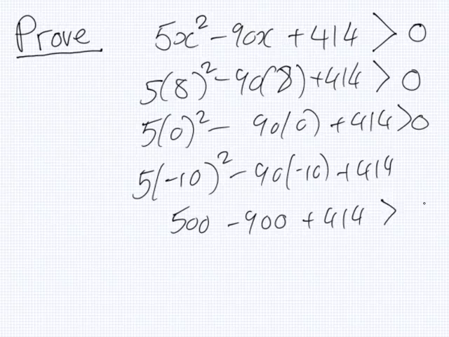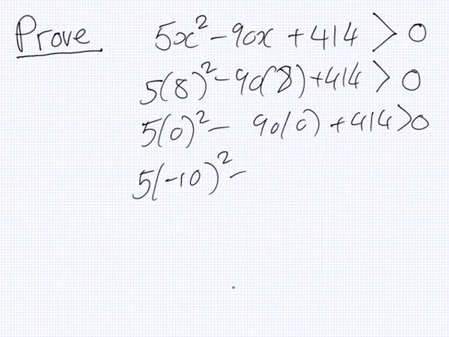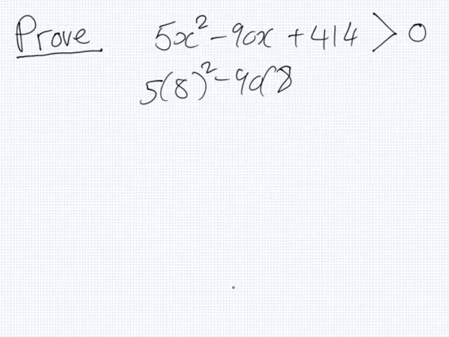Is that bigger than 0? Where's plus? Oh yeah. So is that bigger than 0? Yeah. Definitely bigger than 0. So, how can we prove it's always bigger than 0?